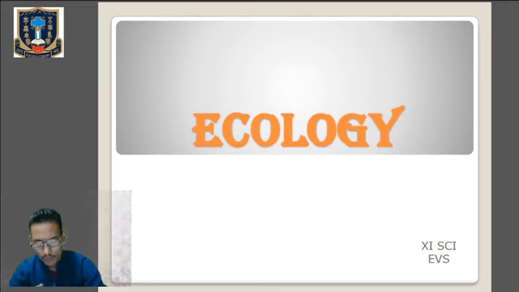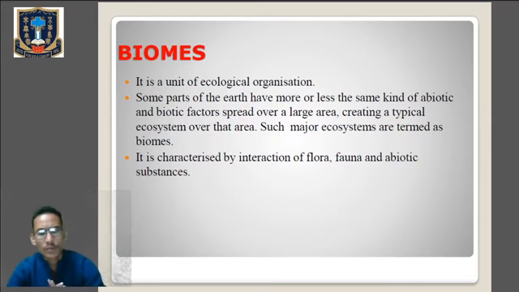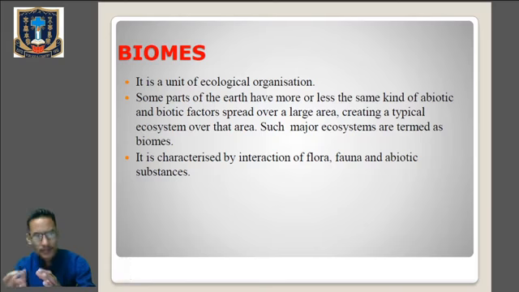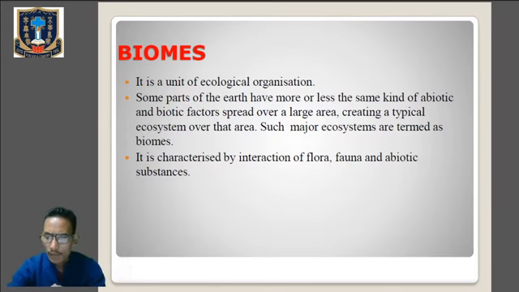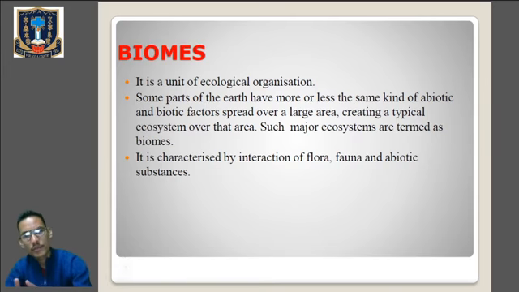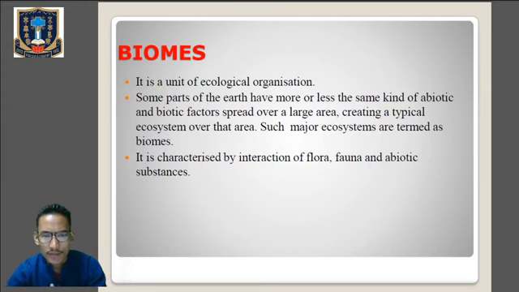Clear? So what do you mean by biome? A biome is a unit of ecological organization which is mainly characterized by the presence of flora, fauna and their interactions. Not only the interactions between the flora and the fauna, but also the interaction with the abiotic substances.